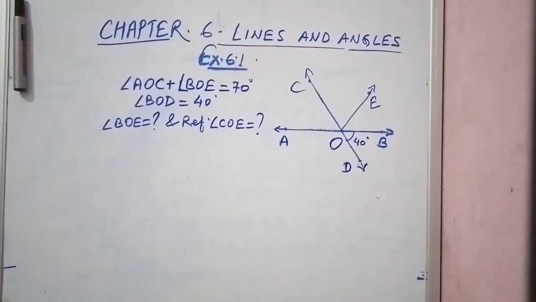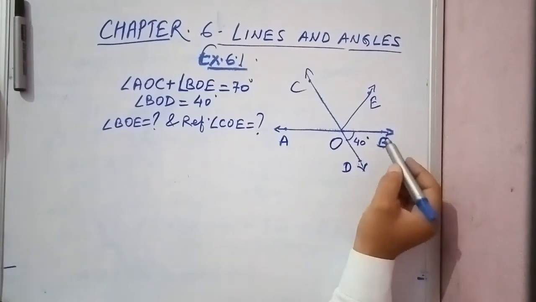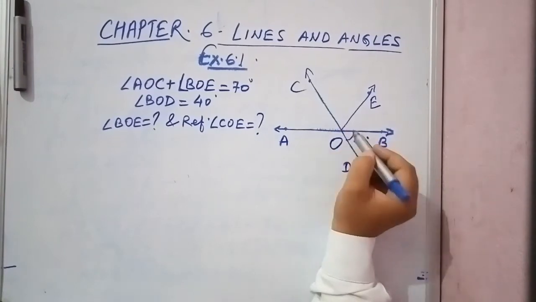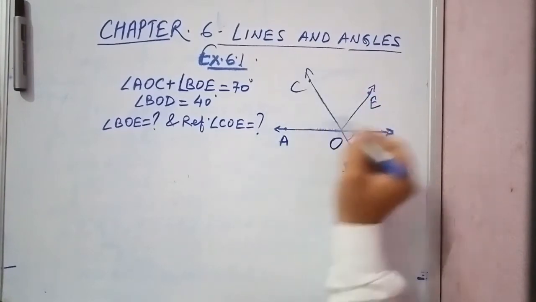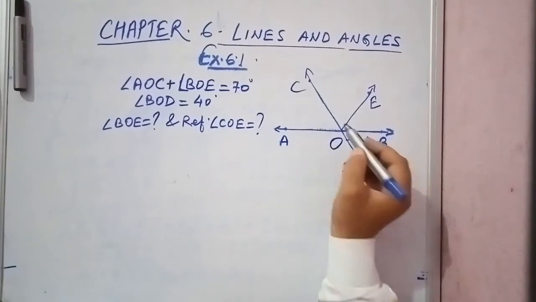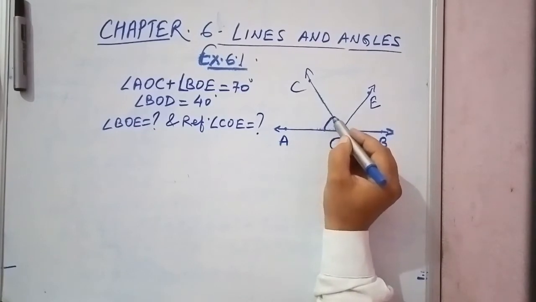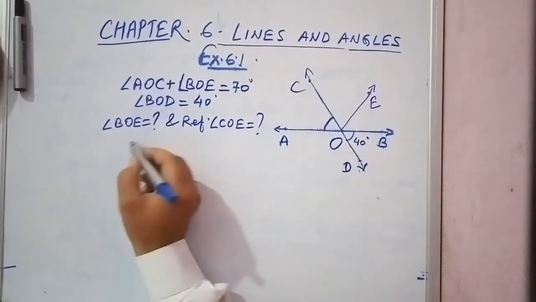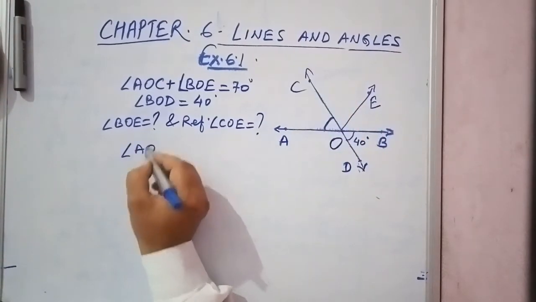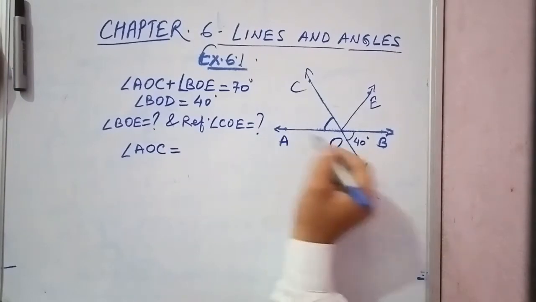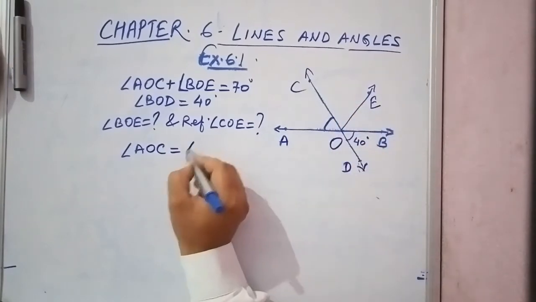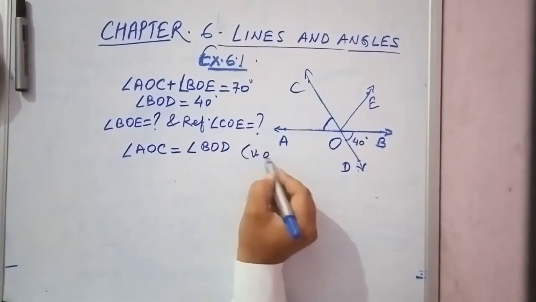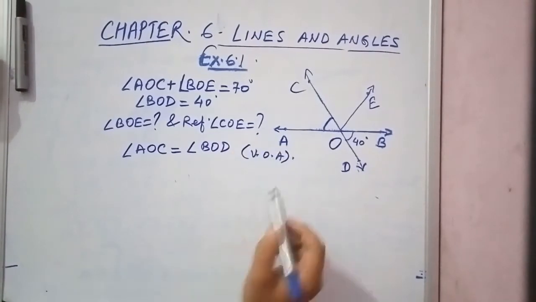So let's start. Angle BOD is given as 40 degrees. Since these two lines intersect at O, angle AOC should be equal to angle BOD, that is vertically opposite angles.